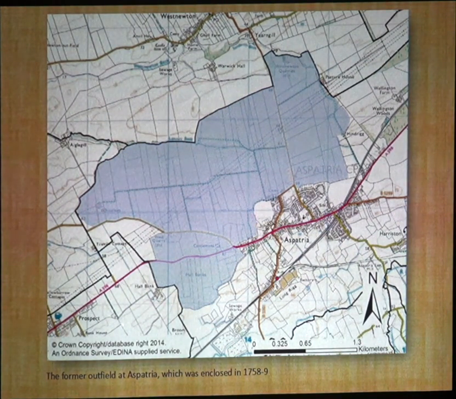You have an infield, which is ploughed and used for arable and growing crops every year. And here in Aspatria you also have an outfield, so it might be ploughed, say, once every 10 years. Used for common grazing in between, but then every so often they will plough it and use it for crops to refresh the land and give them a bit more growing area. And this was Aspatria's outfield.